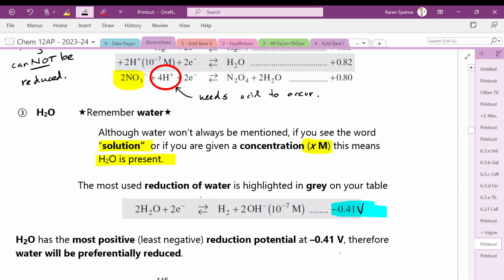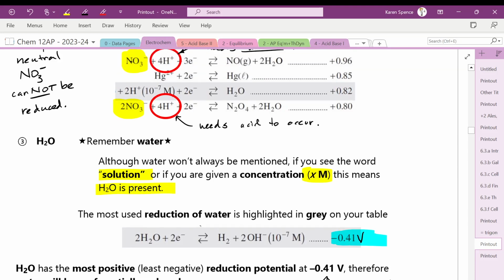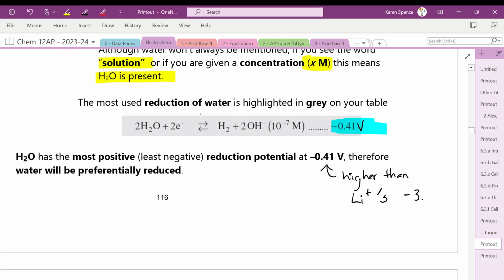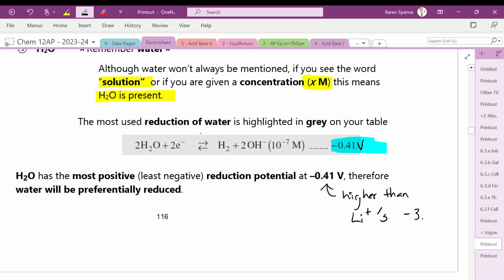Because negative 0.41 is higher than Li+'s negative 3.04. So we can say that water will be preferentially reduced.